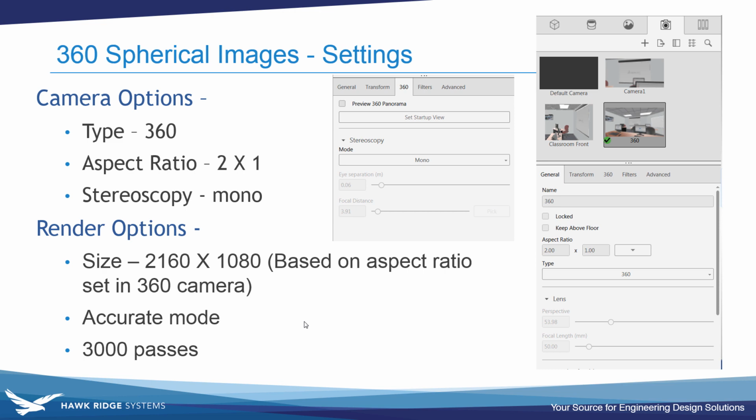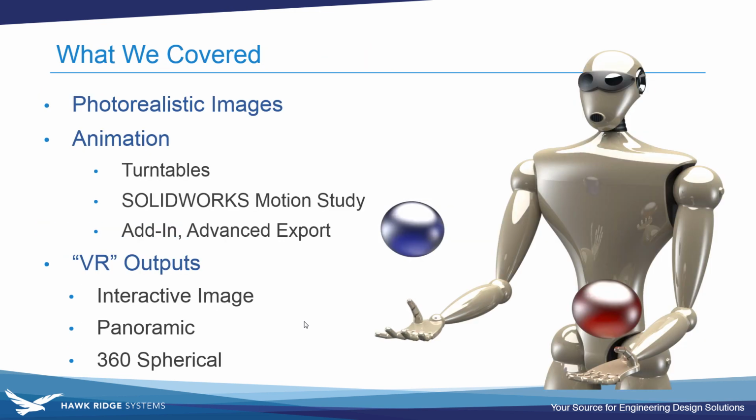All right. That's a lot of information. We covered a lot of ground, and I hope you learned something from this webinar. We talked about photorealistic images. I gave some hints and tips and tricks to use. Visualize is amazing what you can do with it.